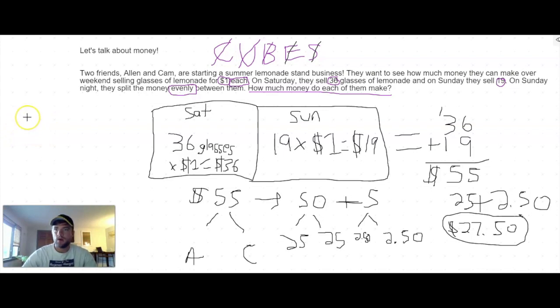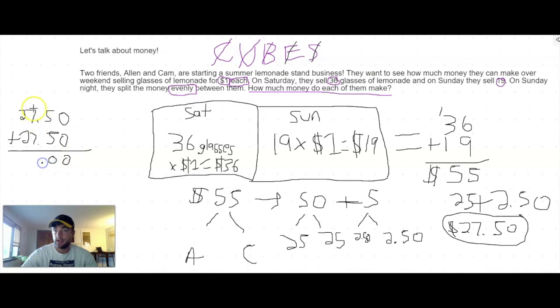So the way that we'll know whether $27.50 is the right answer is we'll see if $27.50 plus $27.50 equals 55. And if it's right, that means we divided correctly. So 0 plus 0 is 0. 5 plus 5 is 10.